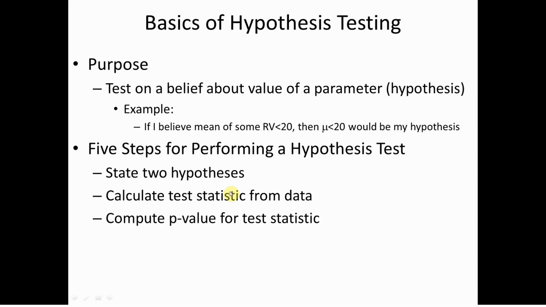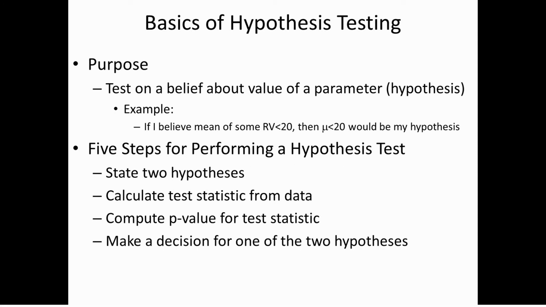Then we're going to compute the p-value for this test statistic. So the p-value is asking, in a sense, if we assume that this original hypothesis is true, how likely is it that we could have got this particular test statistic? It's kind of like asking, if a person is innocent, what is the likelihood that all this evidence against them could happen?